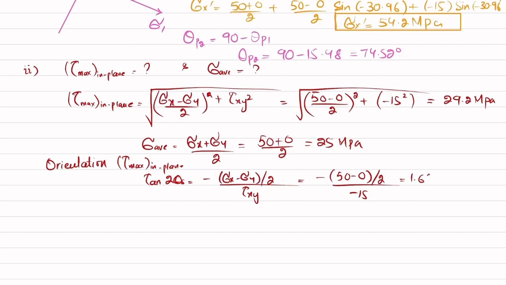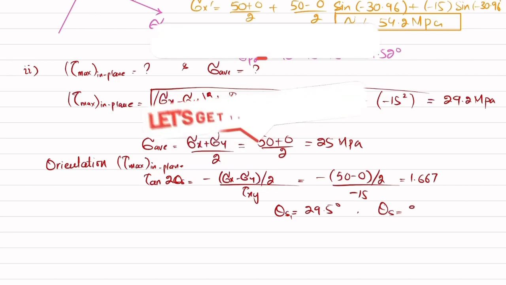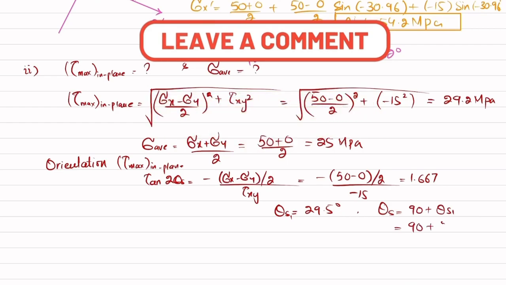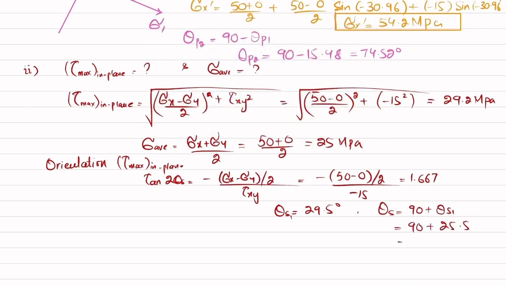So it will be 1.667. When you calculate 2 theta s and divide it by 2, you will get theta s equal to 29.5 degree. This will be theta s1, and theta s2 is equal to 90 plus theta s1. So 90 plus 29.5 will be equal to 120 degree. So this will be theta s2.